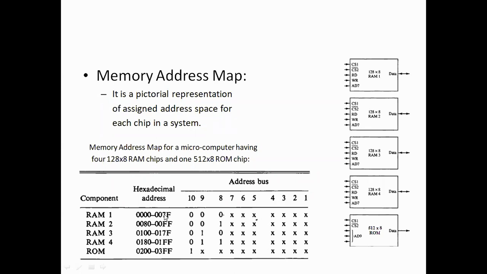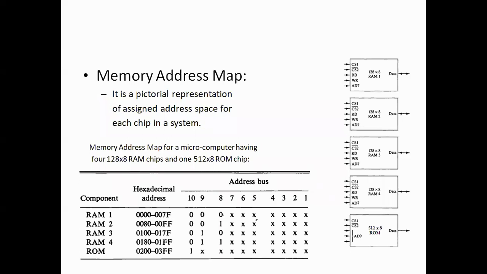If I convert this 16-digit number into hexadecimal, the first 4 zeros will be 0, the second 4 zeros will again be 0, then 0111 means 7, 1111 means F in hexadecimal.